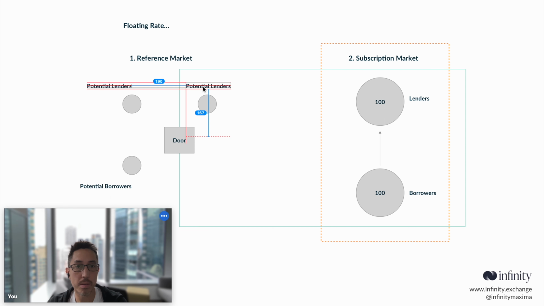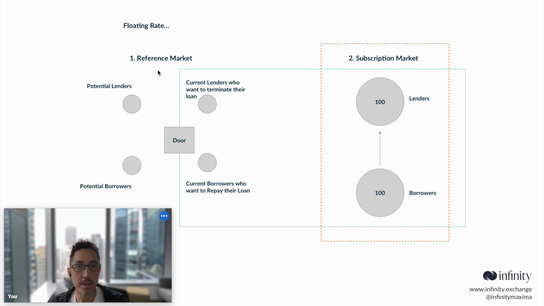Inside, you have maybe some current lenders who want to terminate their loan, and you have some current borrowers who want to repay their loan. So here we are with the reference market. There are the potential lenders. Current lenders want to terminate their loan. Down here, there's potential borrowers and current borrowers who want to repay their loan.